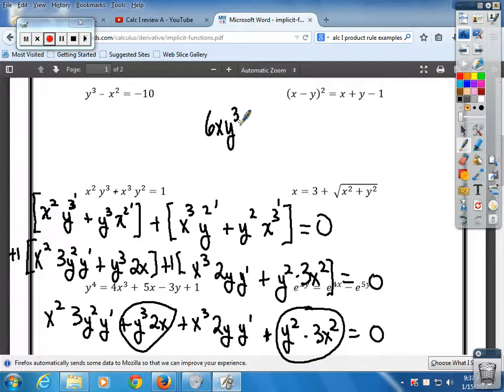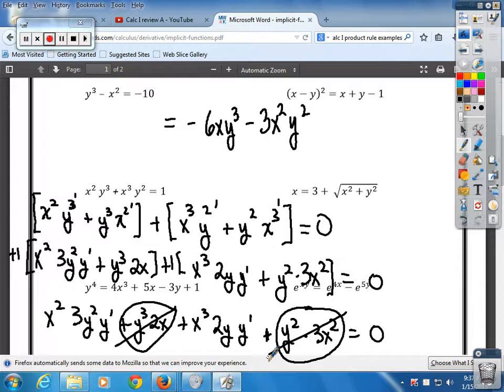And this is what? 3x squared y squared, right? So that'd be a minus and a minus, 3x squared y squared. And then over here, let's take them out. That's gone. And that's gone.